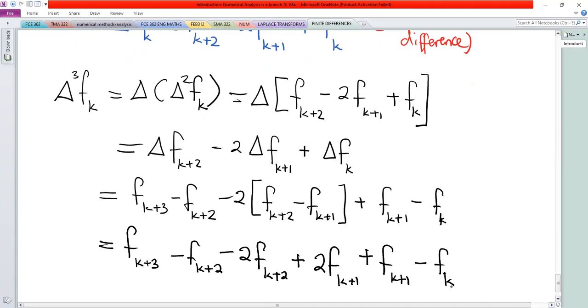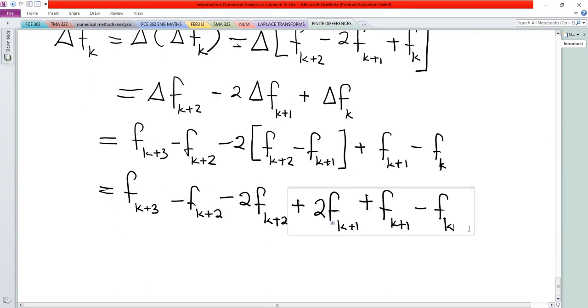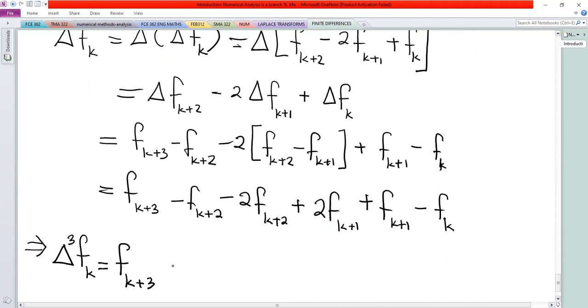So now collecting like terms, this implies that the third forward of fk will be fk plus 3, minus 3 fk plus 2, plus 3 fk plus 1, and then minus fk.